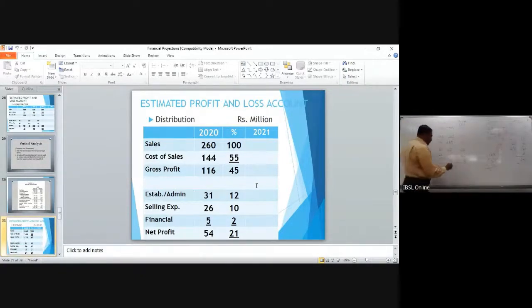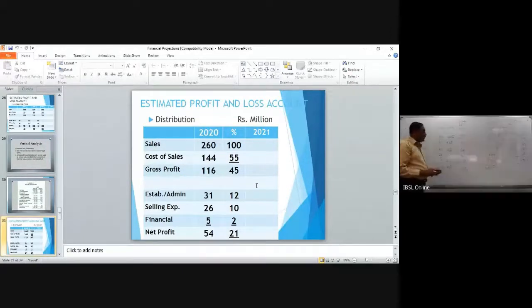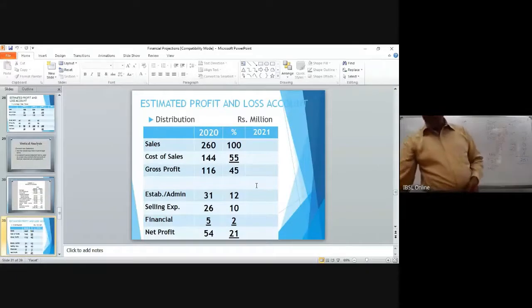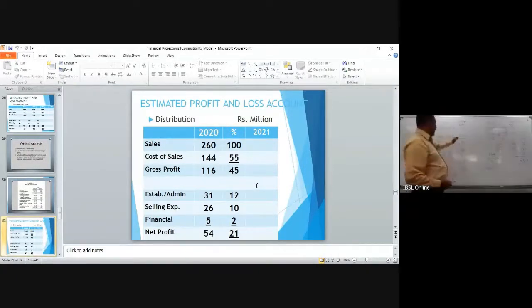This projected profit is 84, equal to 21% of the sales, that is 400. $84,000. Very simple method, but this is practically applied. This method is practically applied for working out our calculations.